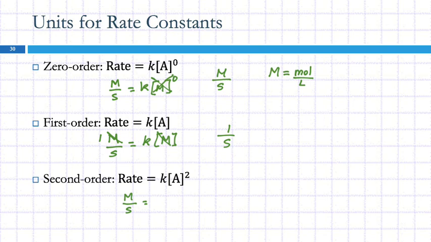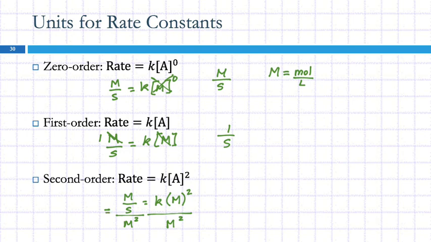Again, rate is molarity per second. Rate constant, we don't know. Here's molarity squared. We're going to have some really messy looking units. So what if I write it out this way? I'm going to divide this side by molarity squared. So this is a compound fraction.